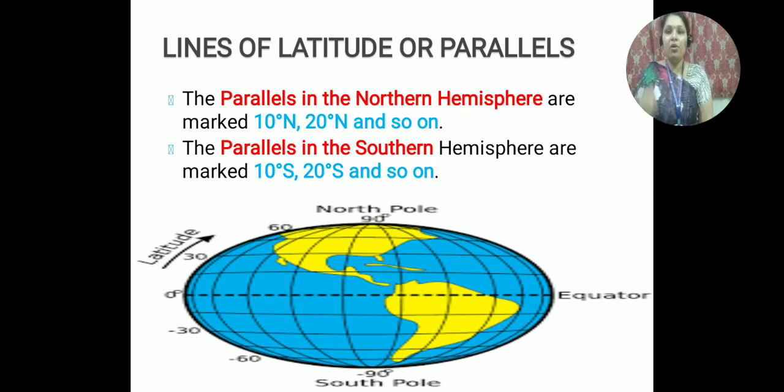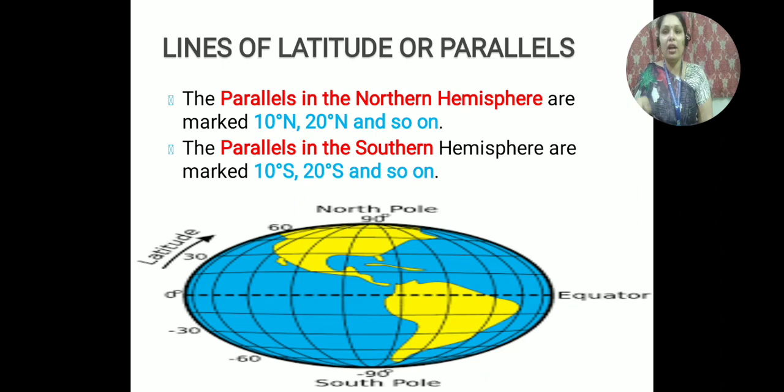In the same way, if we go towards the south, the parallels in the southern hemisphere are marked 10 degrees south, 20 degrees south, 30 degrees south, and so on. In this picture, if we go towards south, it is 30 degrees south, 60 degrees south, 90 degrees south.